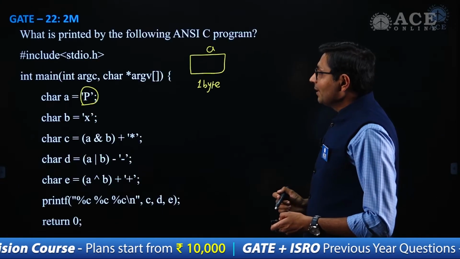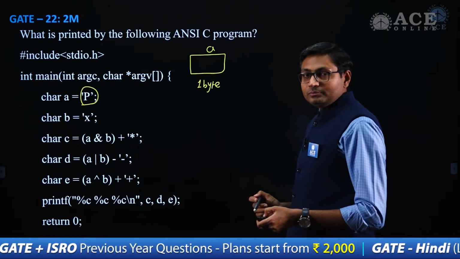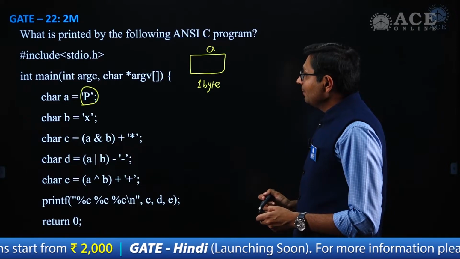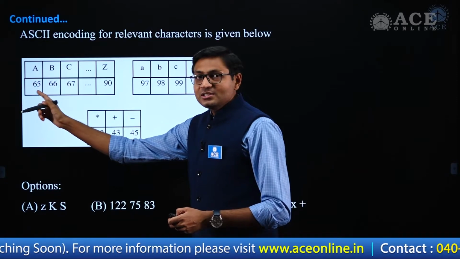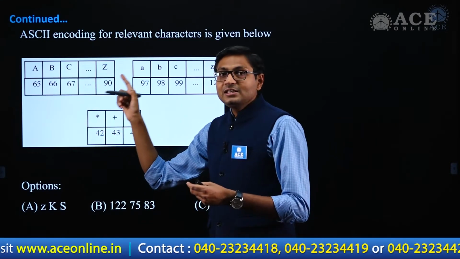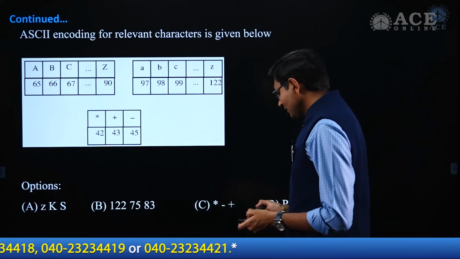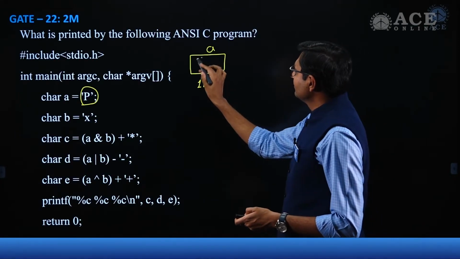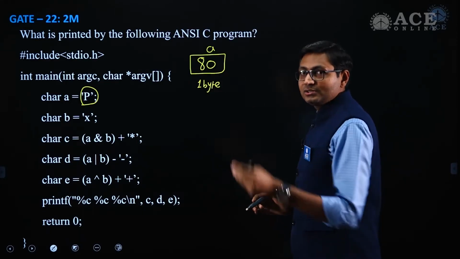So when it comes to memory, the ASCII value is stored. Now tell me, what is the ASCII value of capital P? If I look at this table, I just count 65, 66, 67, A, B, C, D, E, F, G. You can just count. The ASCII value of capital P will come as 80. You have to just count from capital A, that is 65 onwards.